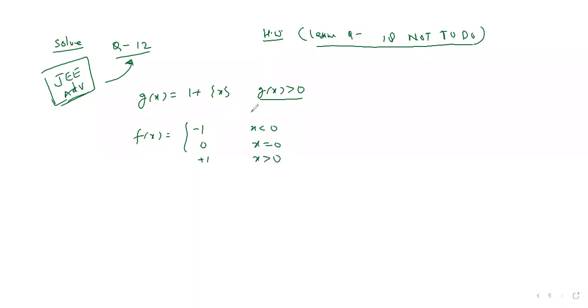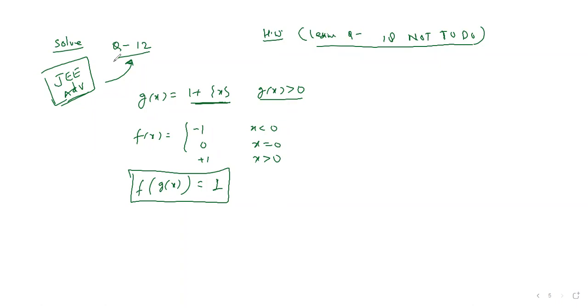Now you want what? f of g(x). When you put g(x) here, where will you put? Here, g(x) greater than 0. So is the answer 1? Is this Window to JEE Main? No, you just look at Window to JEE Advanced. You'll find this question in screening problems. So please go ahead.